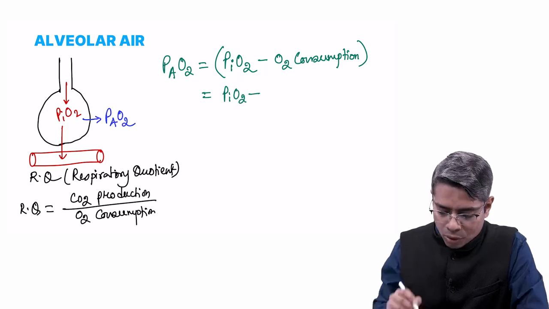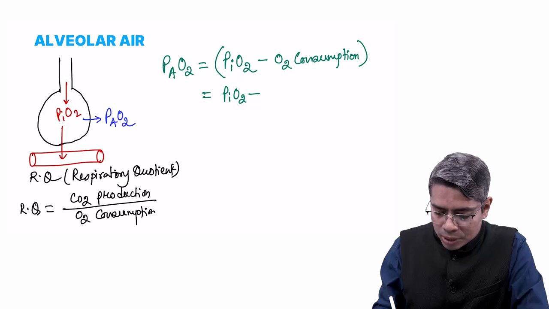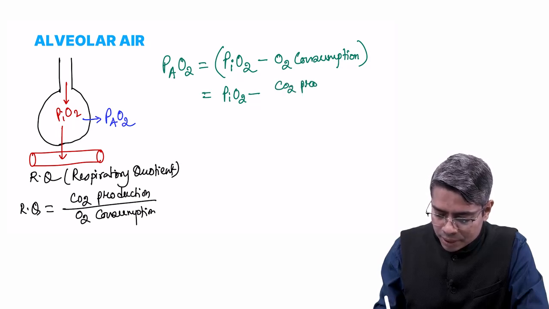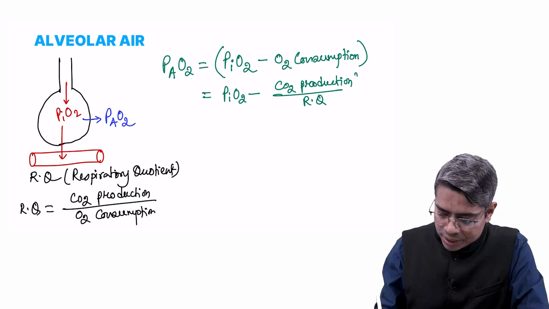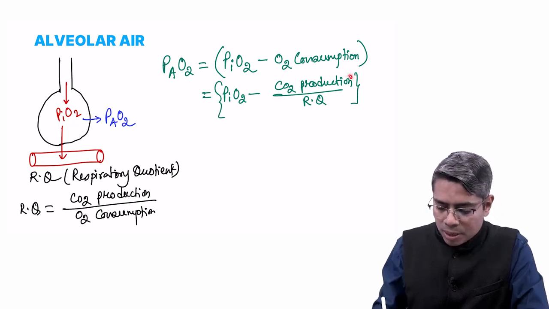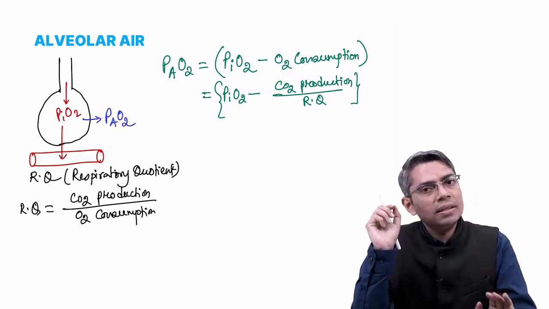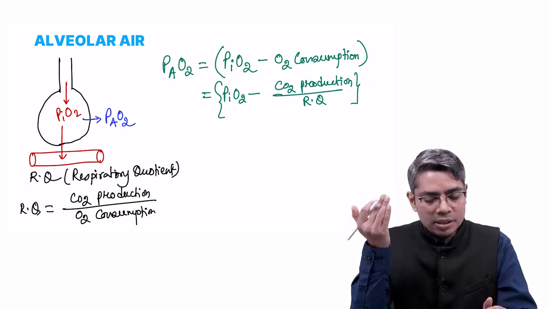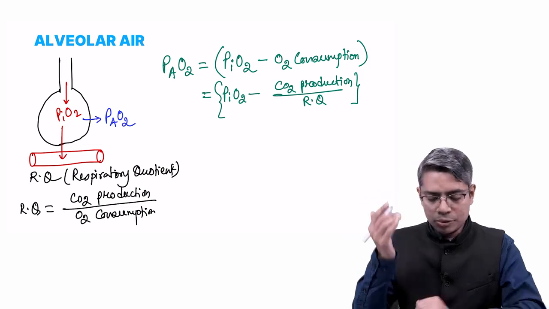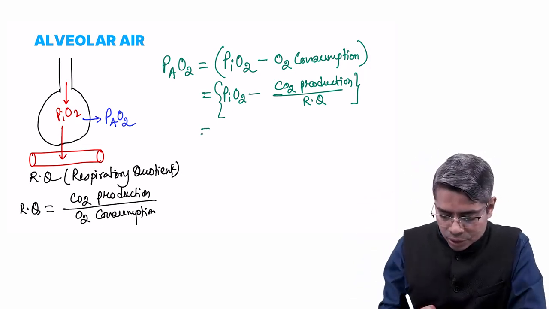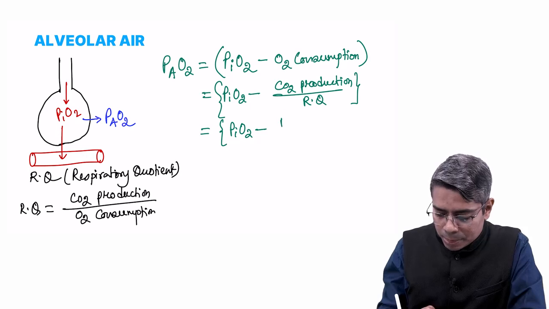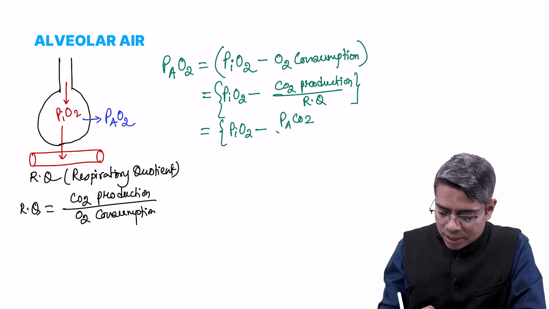PiO2 minus oxygen consumption is equal to carbon dioxide production in the body upon your RQ, right? Now, whatever amount of carbon dioxide is produced in your body is going to give you the partial pressure of carbon dioxide in the arterial blood, or the partial pressure of carbon dioxide in the alveoli. So now I'm going to change this once again. This is equal to PiO2 minus PaCO2, the partial pressure of carbon dioxide in the alveoli, upon your RQ, right?